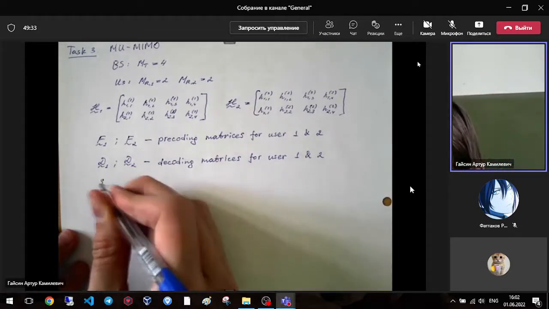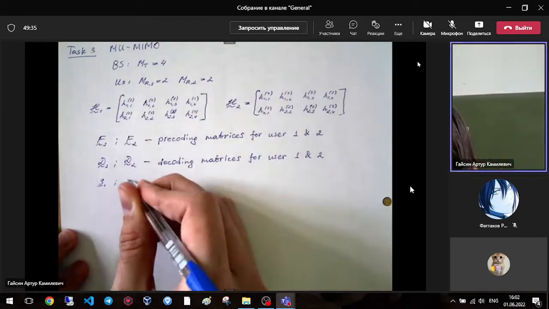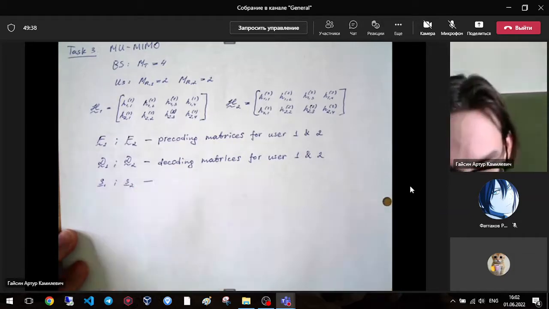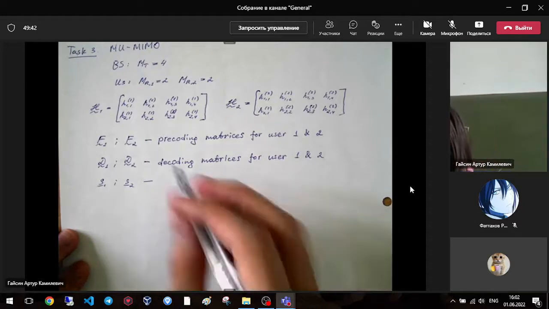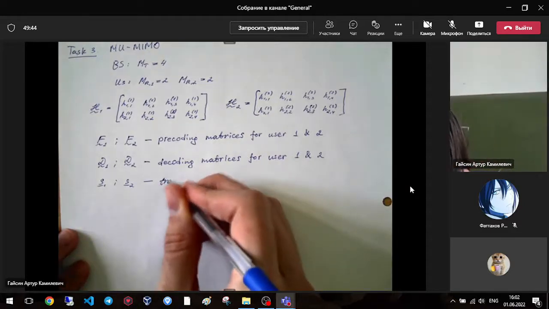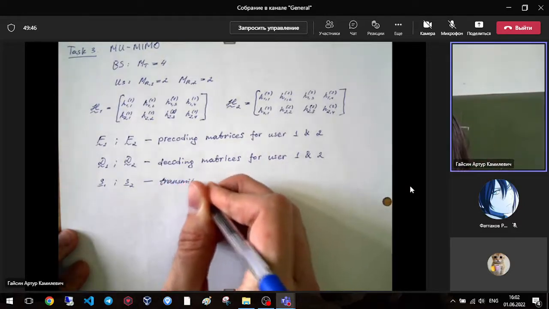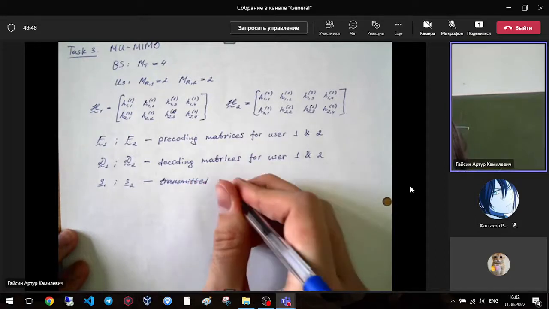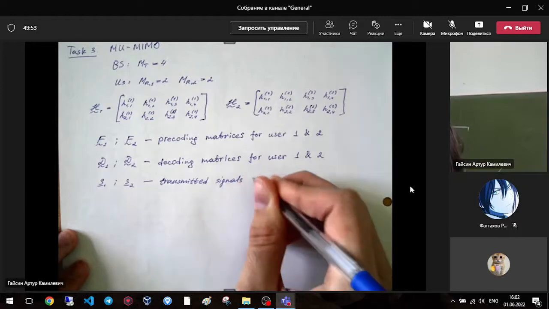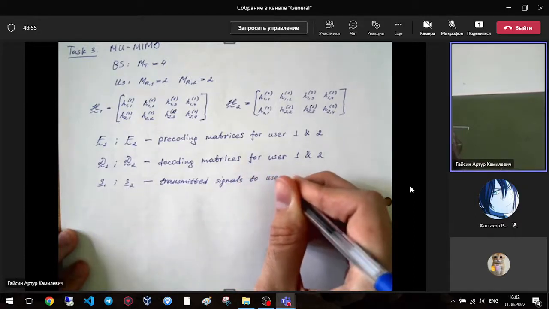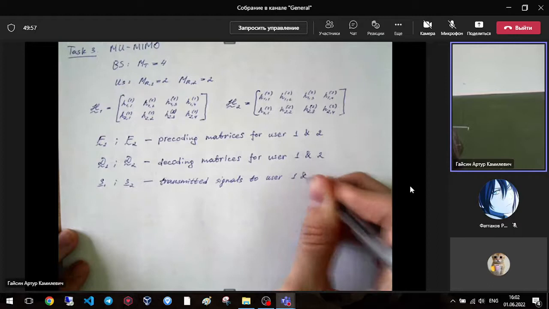So S1, S2, transmitted signals to user 1 and 2.